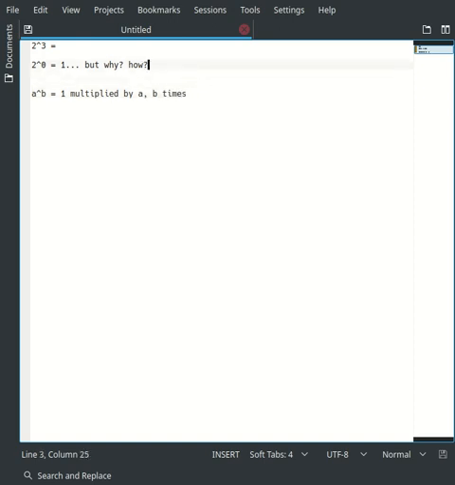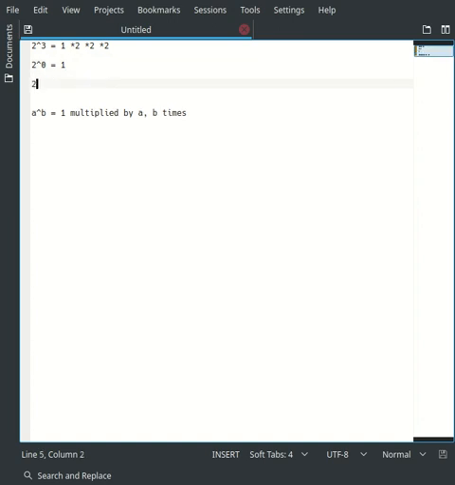Now, we start with 1, and we multiply it by 2 0 times, so we just don't do anything. Here we start with 1, and we multiply by 2 3 times. There's 1, 2, 3. Look at that.